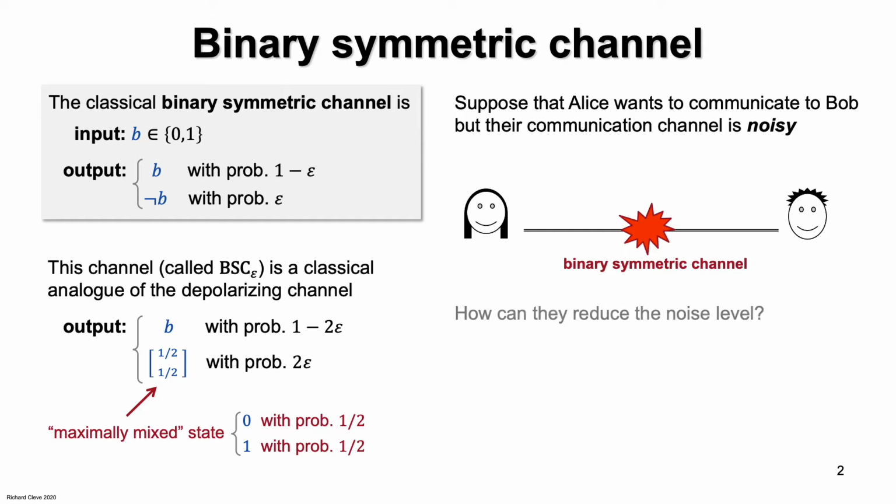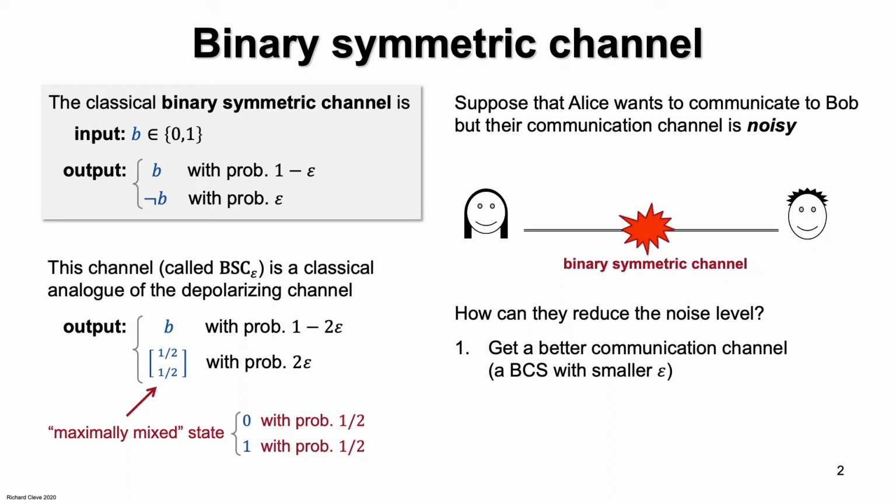So how can Alice and Bob reduce the noise level to a smaller epsilon? The obvious way is for Alice and Bob to get a better communication channel. But Alice and Bob have an alternative to investing in better hardware. They can use an error-correcting code.